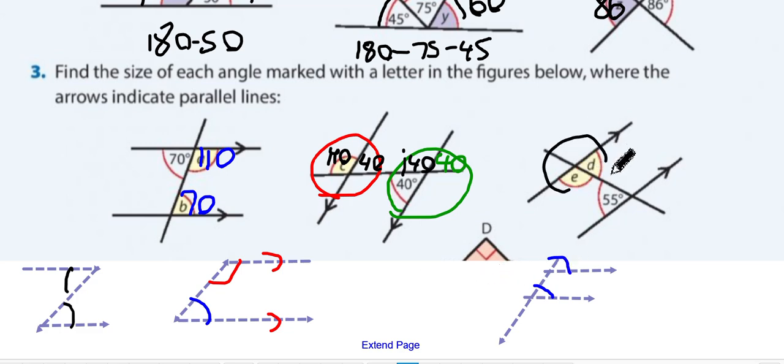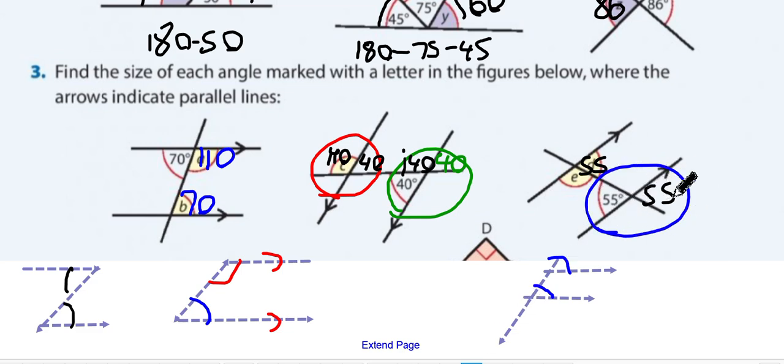I'm going to say that this junction is the same as this junction. The two of them are the same as each other. Agreed? So, what I'm saying here is this is 55. Why am I saying that's 55? Any idea? And then I'm saying D is also 55. Think about it.